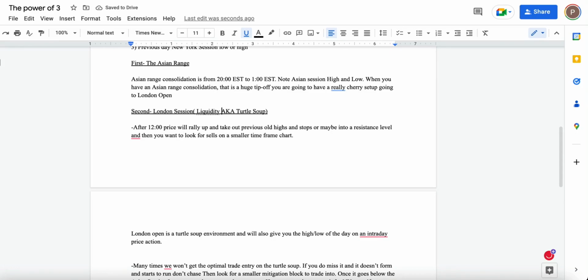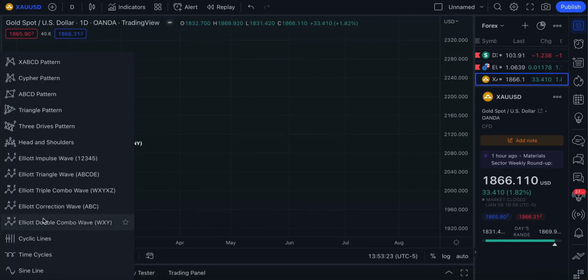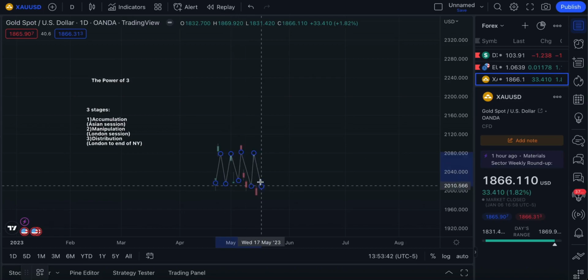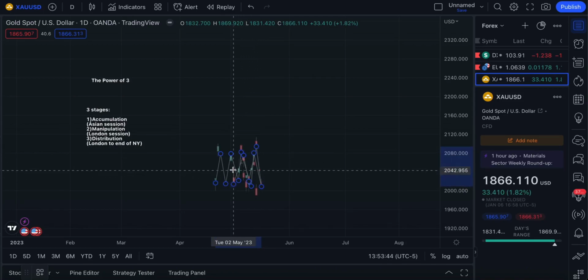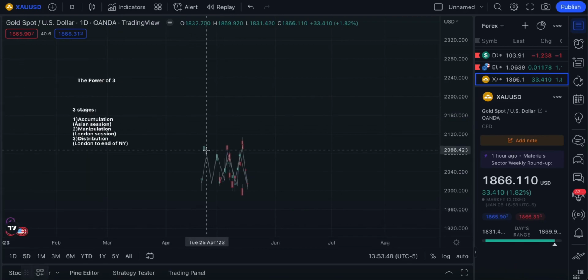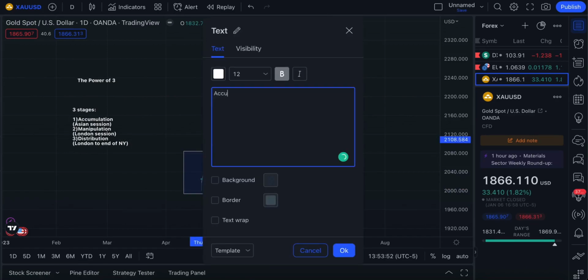So during Asian session, I'll give you guys an example. During Asian session, we should see price just consolidating. This is during Asian session. Then at this point, once we are consolidating, this is the accumulation stage.